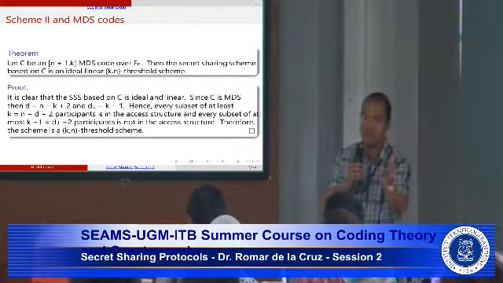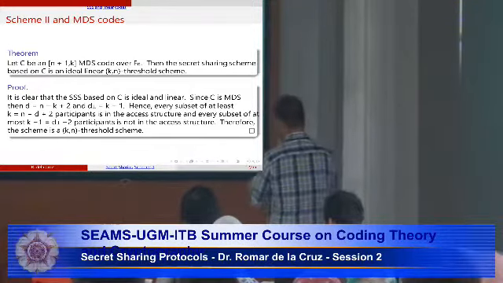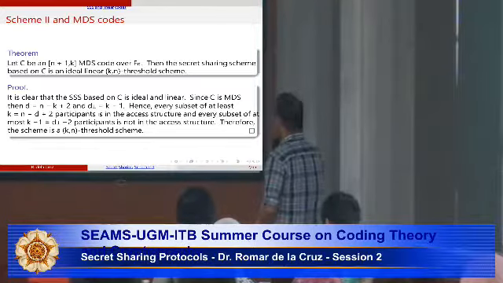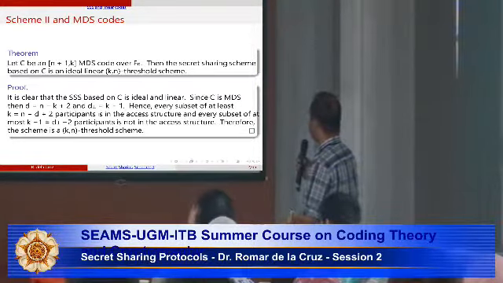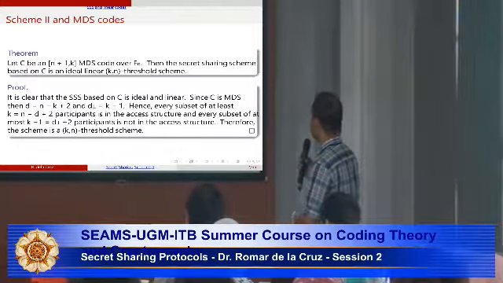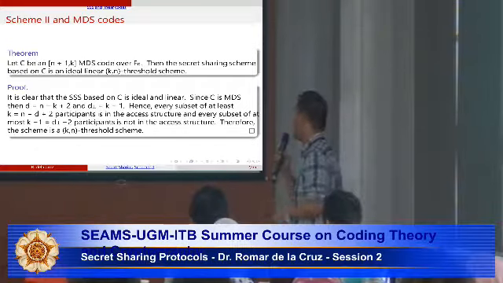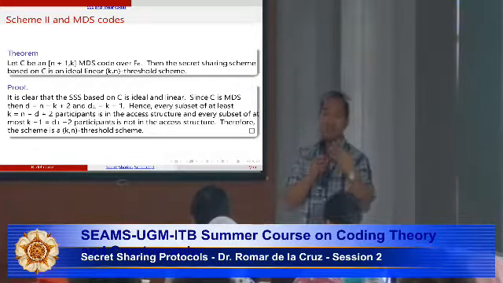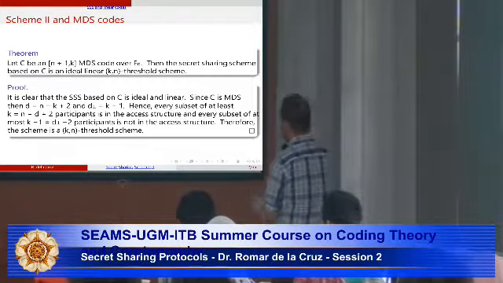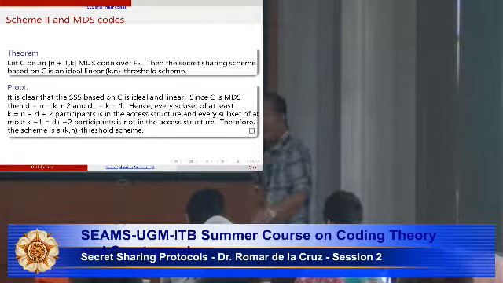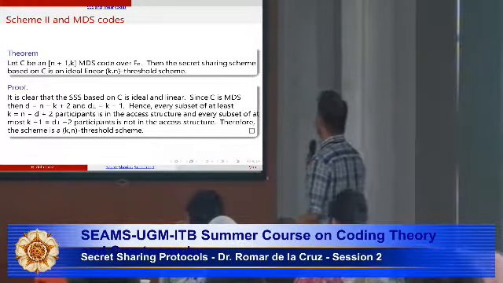So if you have an MDS code, it implies a threshold scheme. This is the proof. Going back to the construction, you can see it is linear and ideal. Again, ideal means the size of the share is the same as the size of the secret. If you remember, the shares and the secrets are field elements in this construction. So it is an ideal scheme.